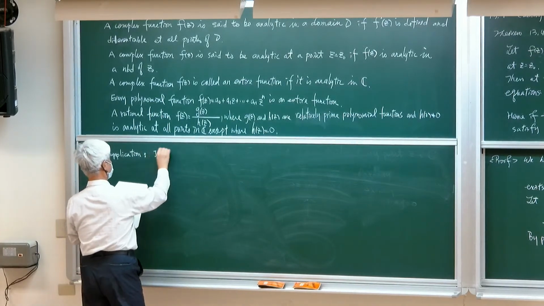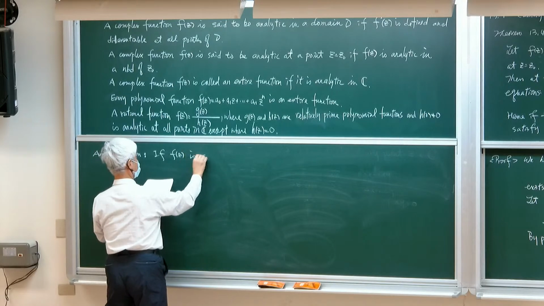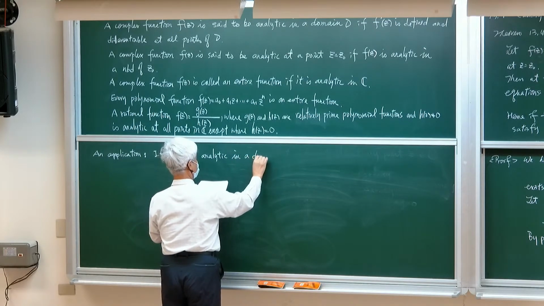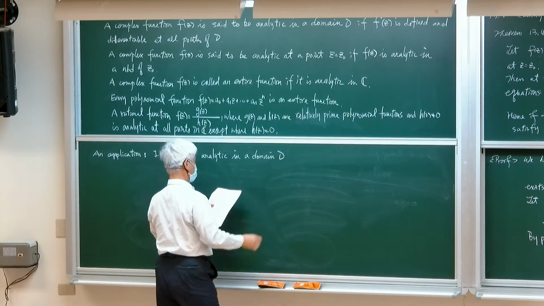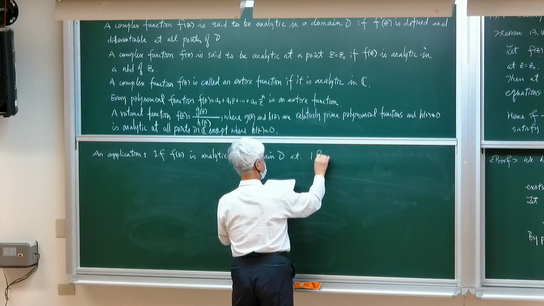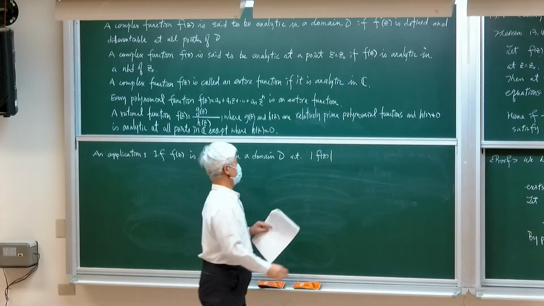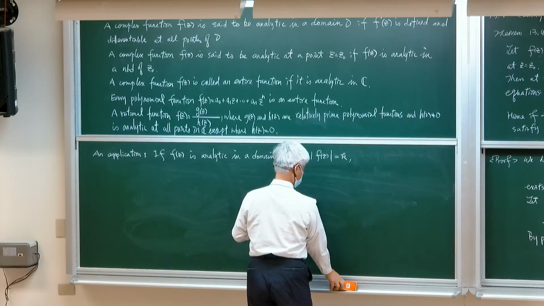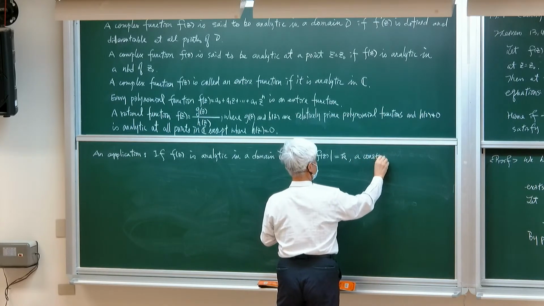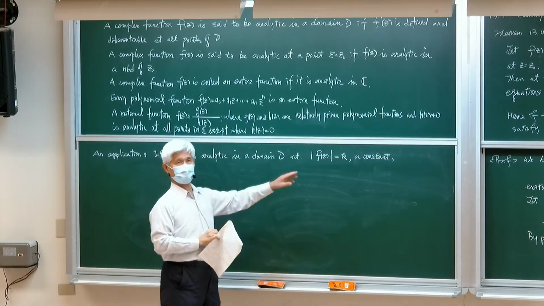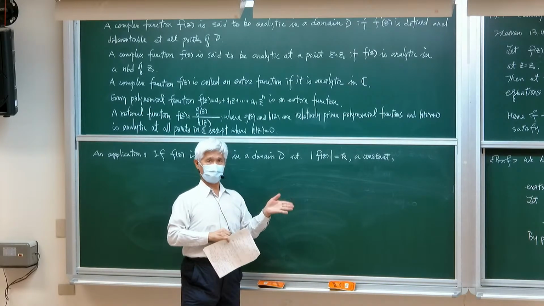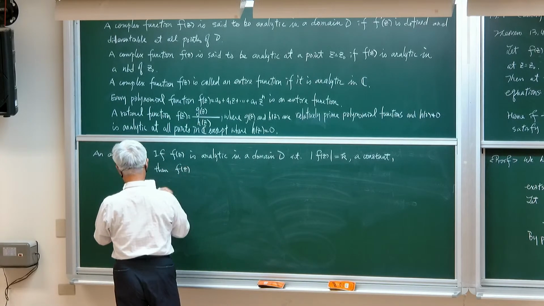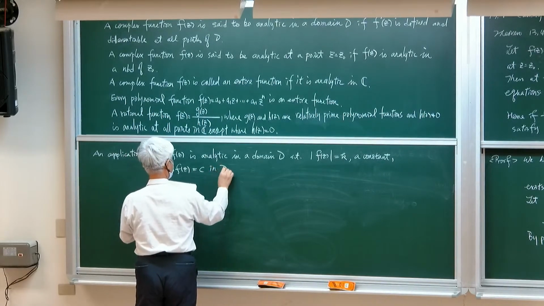If f of z is analytic in a domain D such that this analytic function has constant modulus, such that its absolute value is a constant, then f of z is equal to a constant in D.